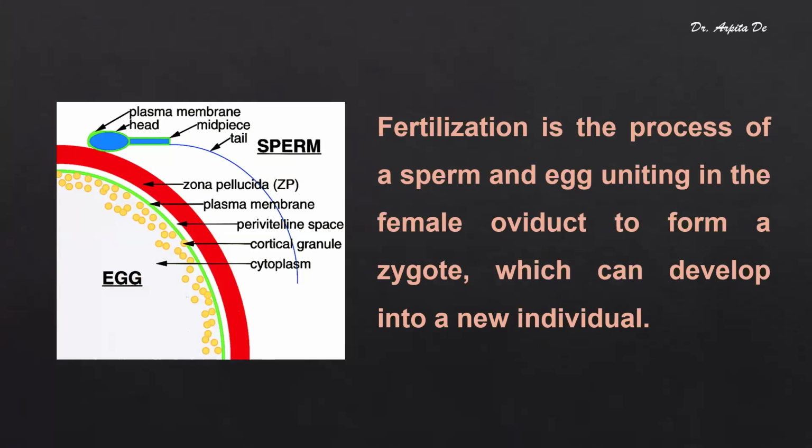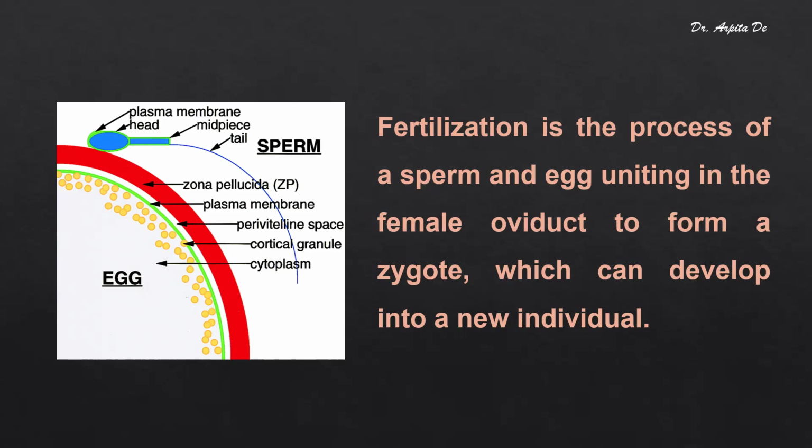As we all know, fertilization is defined as the process where a sperm fuses or unites with the egg to give rise to a diploid zygote, which then develops into a new individual. This is what is happening in fertilization.